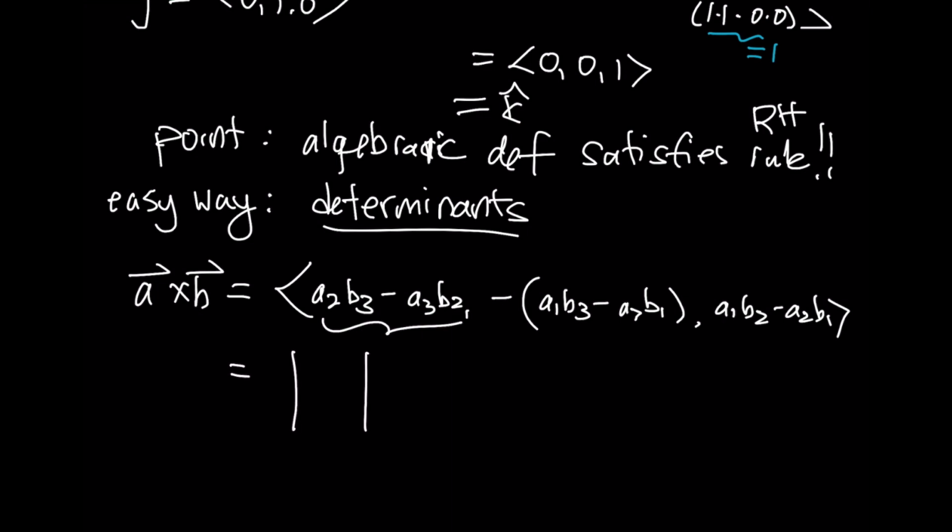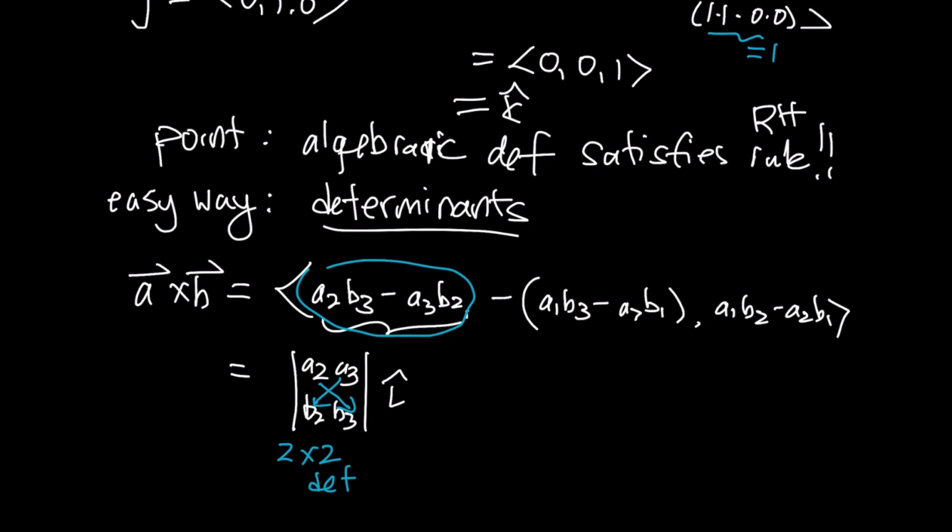I'm going to put the A entries up top, A2, A3, B2, B3. And because this happens in the first component, I'm going to say that multiplied by the basis vector i. This quantity can be reproduced by taking this box and multiplying this diagonal entry and then subtracting that diagonal entry. So this is this 2 by 2 determinant. A determinant is a single number that you get from an array or a matrix of numbers.